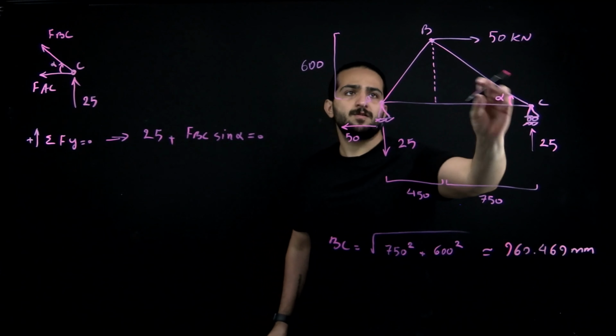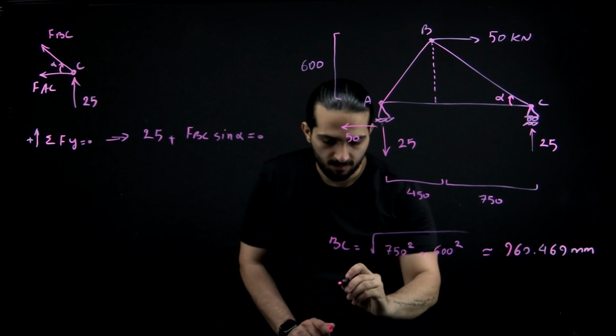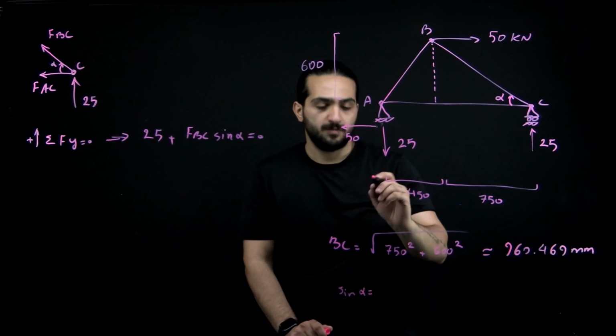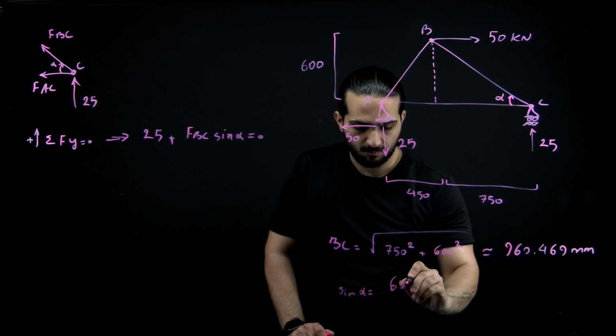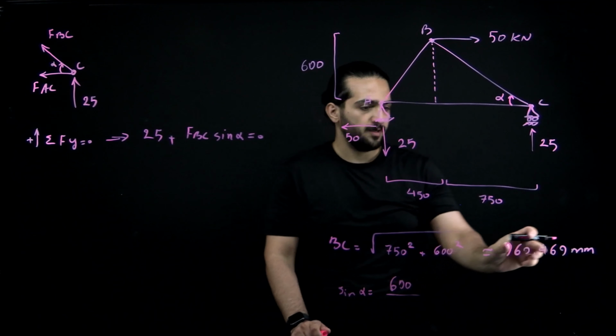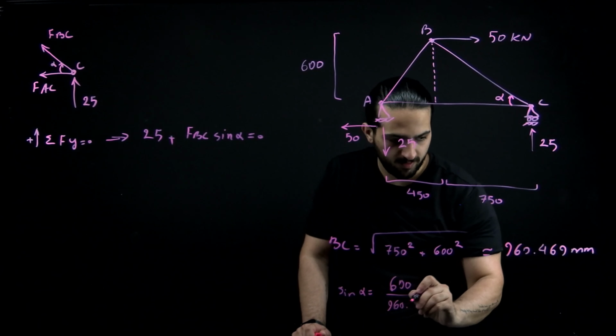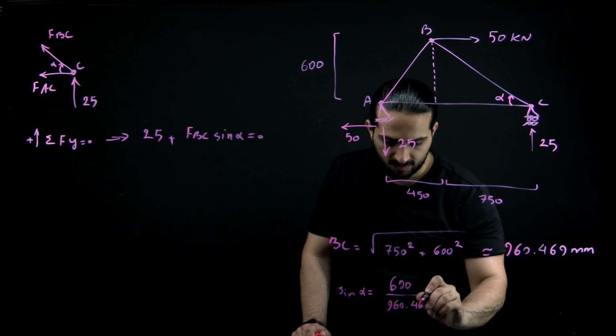And sine of alpha would be this height, which is 600, divided by 960.469.